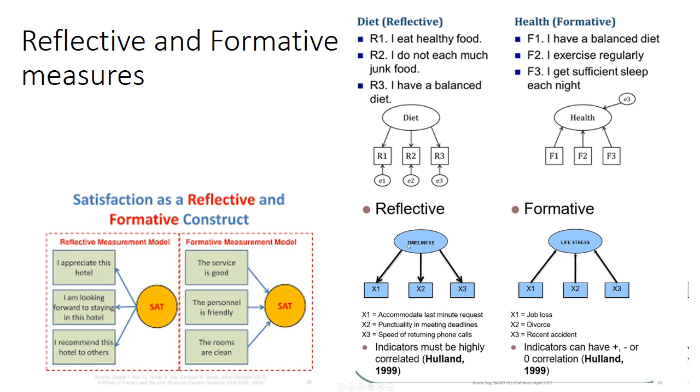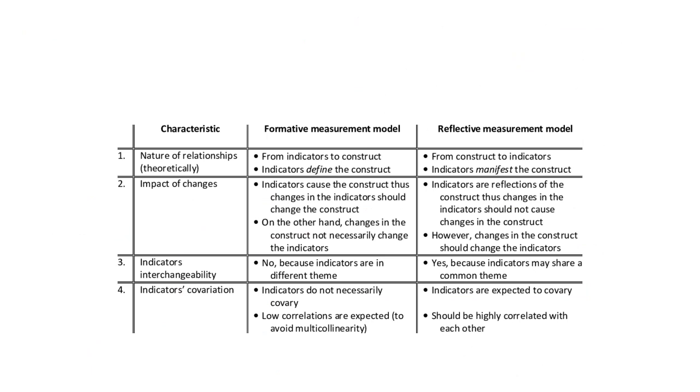Right. So you need to see which you prefer. You can prefer as per your requirement. Usually we go for the reflective measure. So this is the detail of the same nature of relationship theoretically. What is the nature of relationship theoretically? From indicators, from questions to construct, indicators define the construct. The questions define the variable.